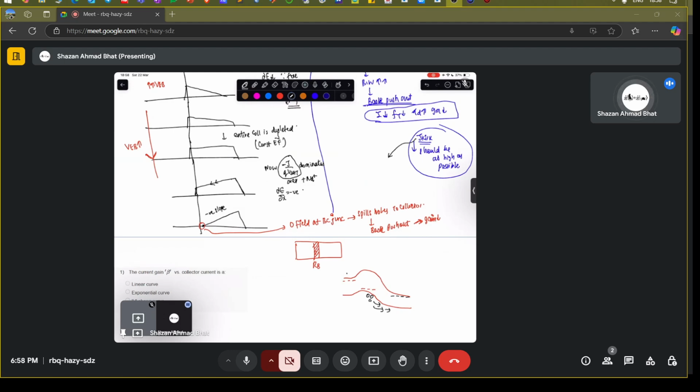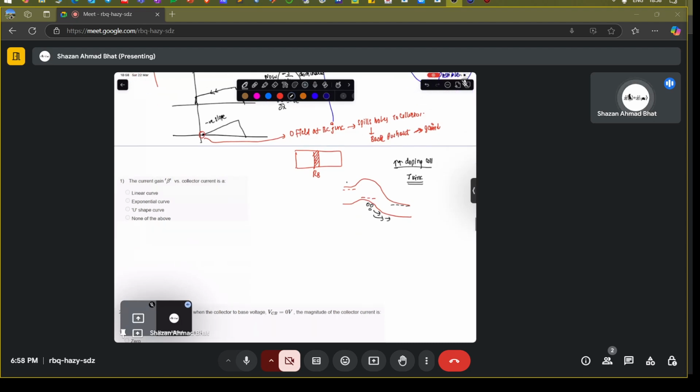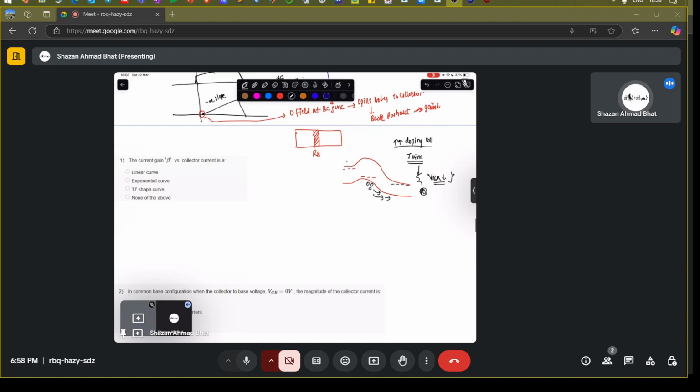For that, we can go on increasing the doping. If we increase the doping on the collector end, we can increase J_Kirk. But there is also a trade-off: it will reduce the breakdown voltage. These factors are always looked into when we design. This is called a design optimization problem. Okay, so this is about it.